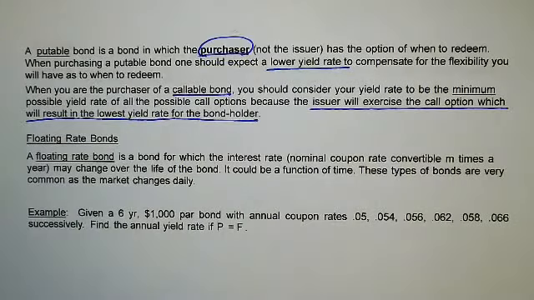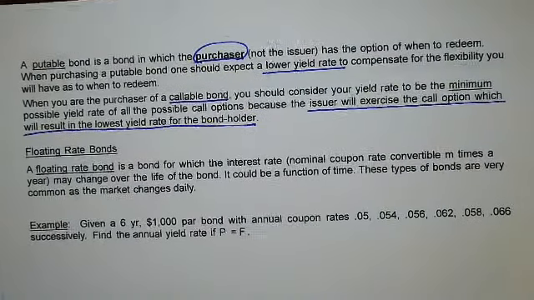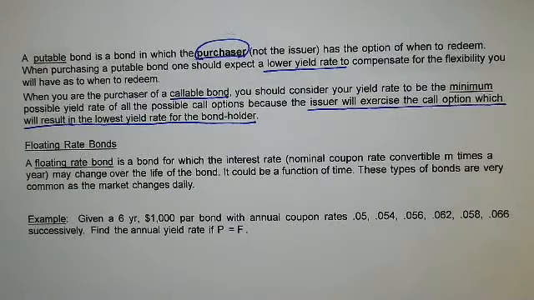Obviously, he's interested in paying as little as possible, so he will choose the option that results in your lowest yield rate, and you should count on that, as we said last time.